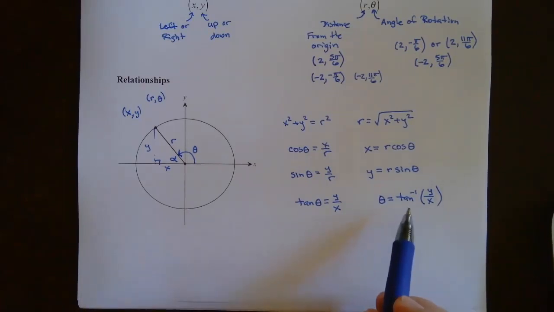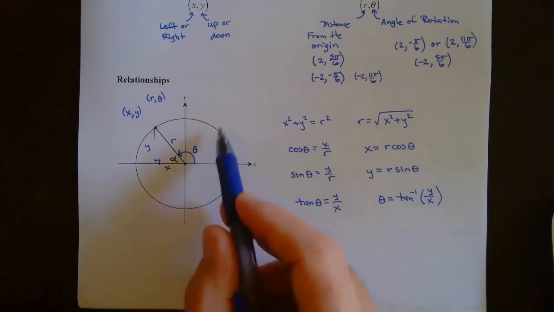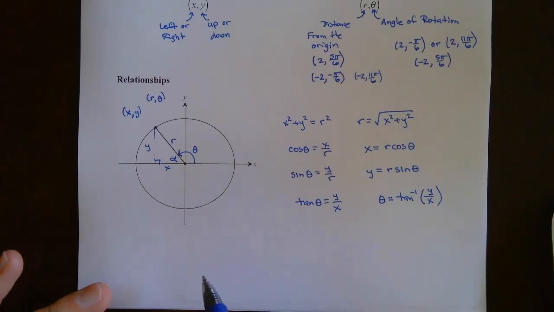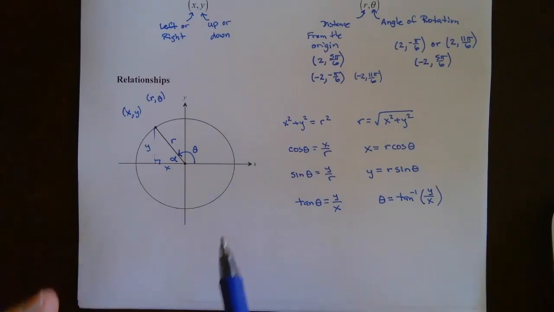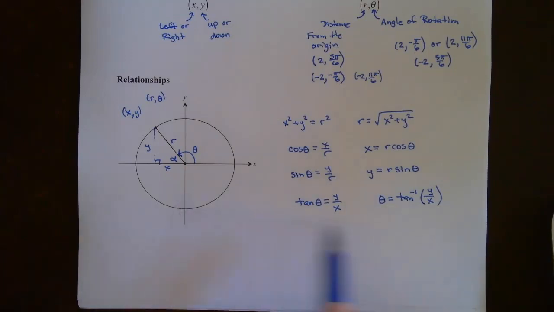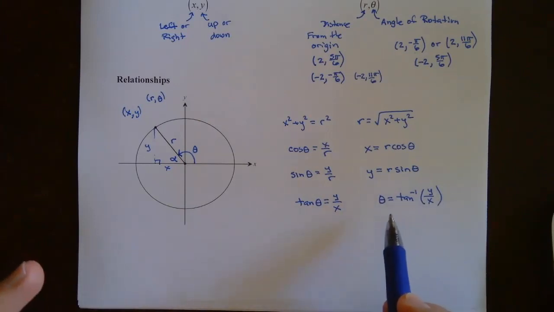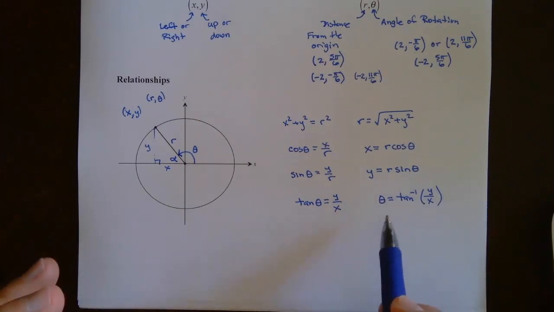Because of the domain and range restrictions on tan inverse. Remember, this angle can only be a positive angle or a negative angle. So we have to pay attention to the location of the point. What quadrant is our point in? We have to make some adjustments to this, and I'll talk about that more in a minute.